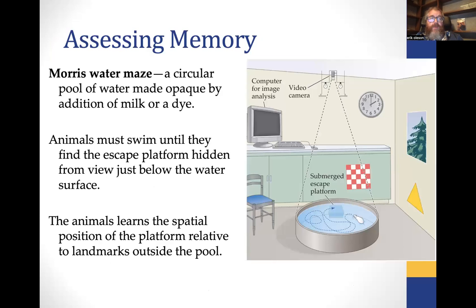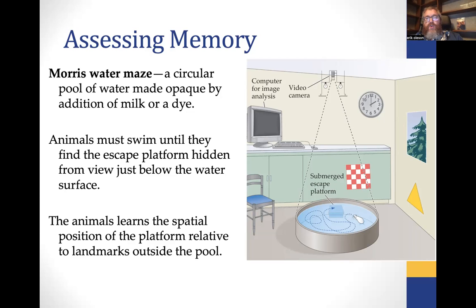To assess memory, we typically use the Morris water maze. This involves a circular pool of water made opaque by the addition of milk or a dye. This really stinks after a few days, let me tell you. The animals must swim until they find the escape platform hidden just beneath the water.